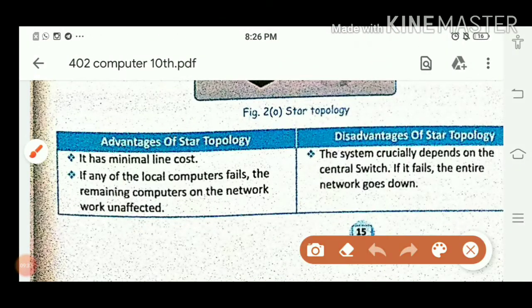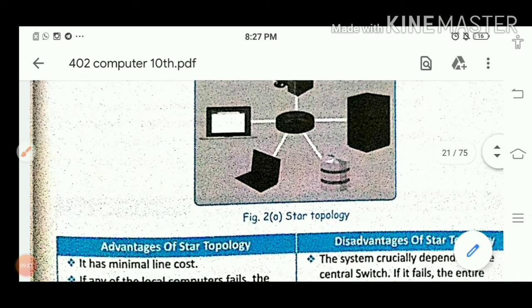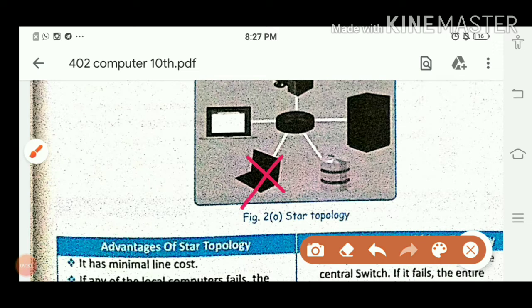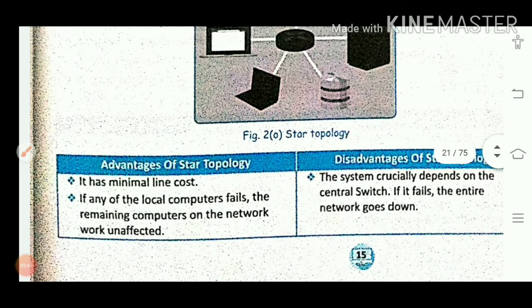Suppose any one node fails, then we remove this node from the network, and all the remaining nodes will work efficiently. So this is the advantage.